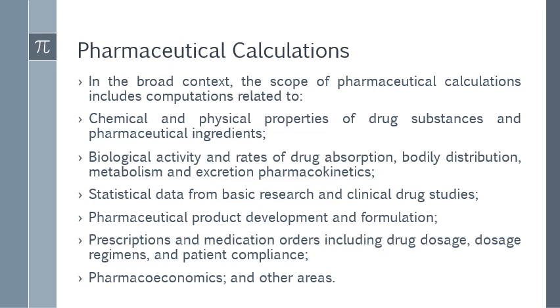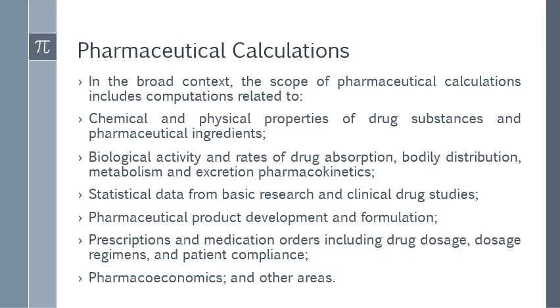The calculations may also be involved in the biological activity, to calculate how active a drug substance is. For the calculation of the drug absorption, there are various formulas available. How much of the drug has distributed throughout the body, how much metabolism is carried out, and how much of the drug has been excreted from the body, these can all be done through calculations.